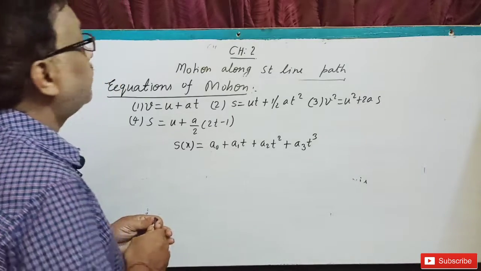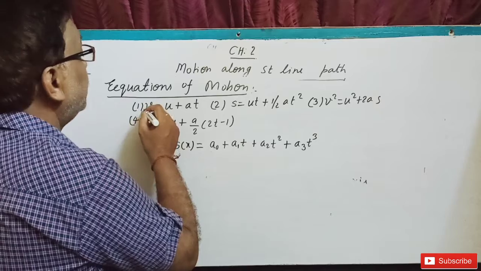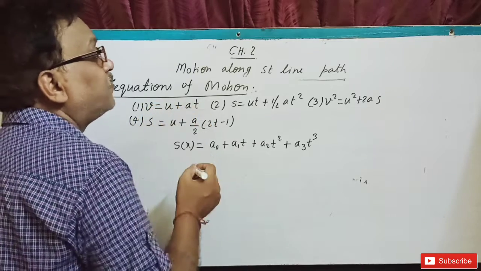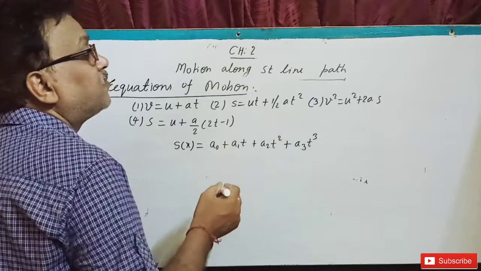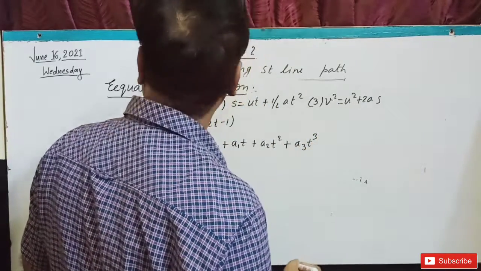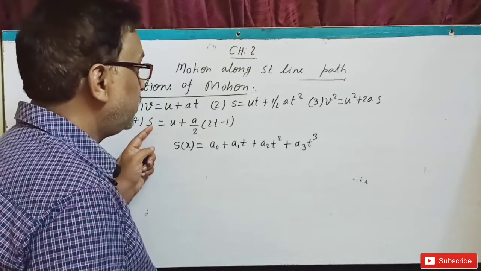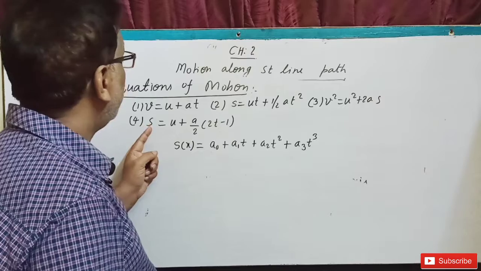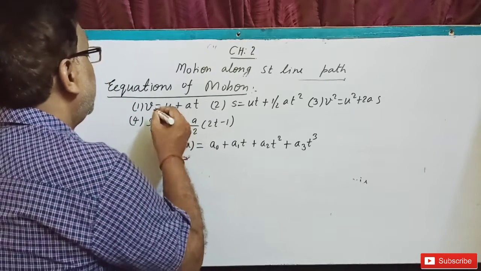Now we discuss about the equation of motion. The first equation, you look here, v is equal to u plus at, and the second is s is equal to ut plus half at square, and third one is v square is equal to u square plus 2as, and the fourth is derived from the second, s nth, the distance covered in nth second.